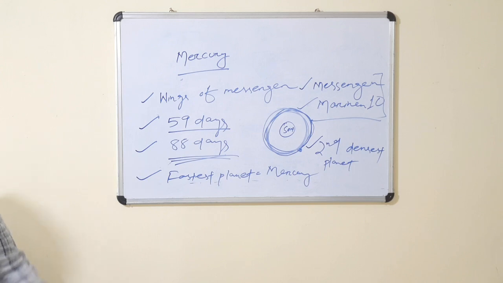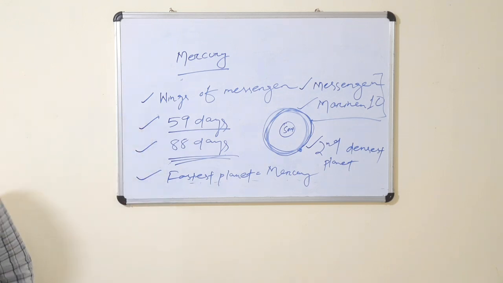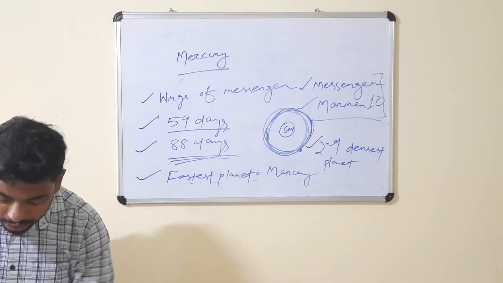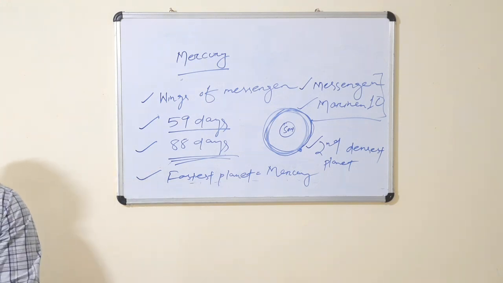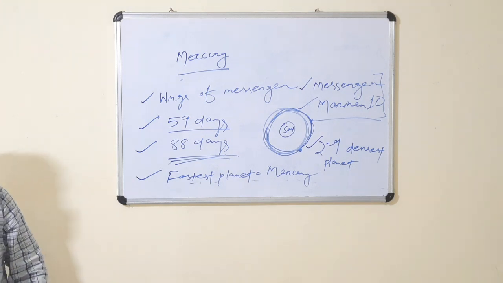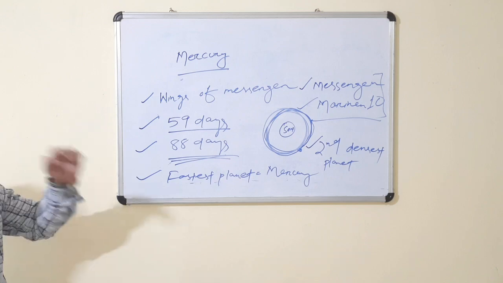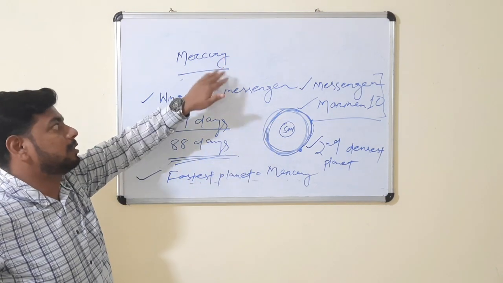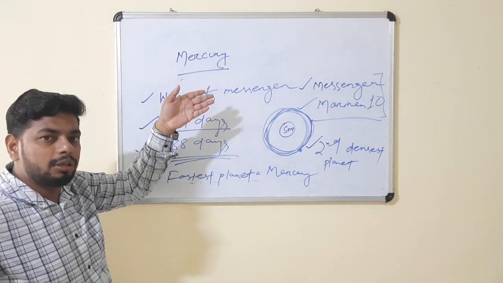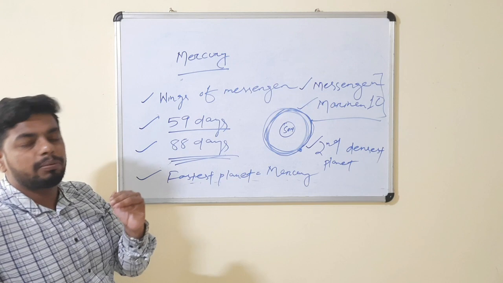Which one is the hottest planet? Venus. Why is Mercury not the hottest planet? Because Mercury doesn't have any atmosphere, but Venus does. Is life possible here? No, life is not possible because the atmosphere is not there, so we cannot breathe or take oxygen properly.